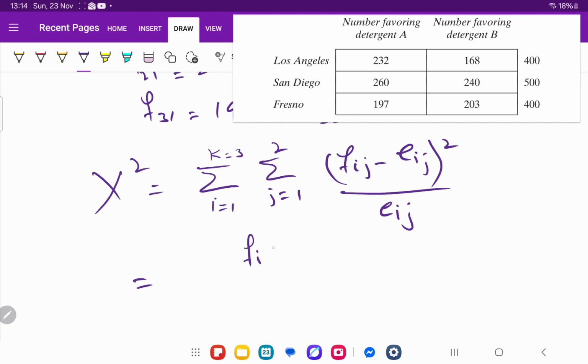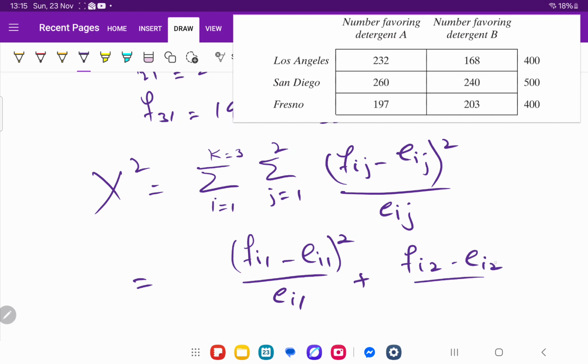So Fi will remain the same, and j is 1: Fi1 minus Ei1 whole square over Ei1, plus, because j takes values 1 up to 2, i remains the same, j is 2: Fi2 minus Ei2 whole square over Ei2.